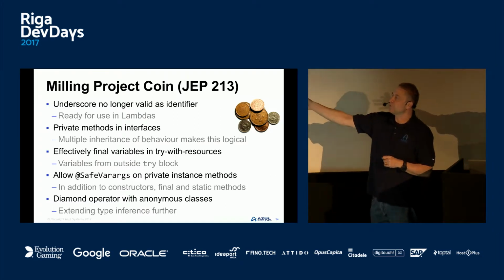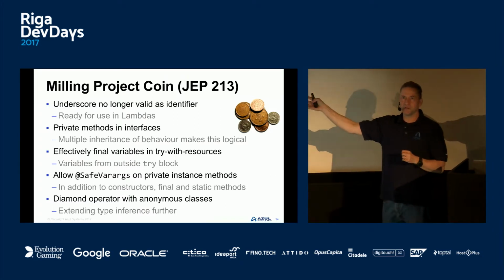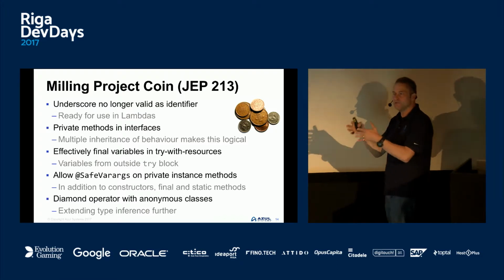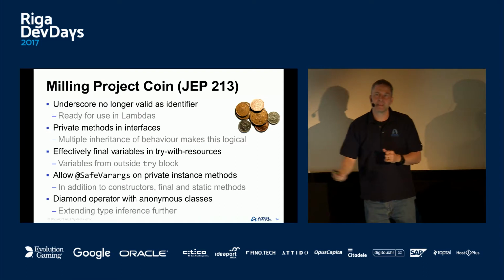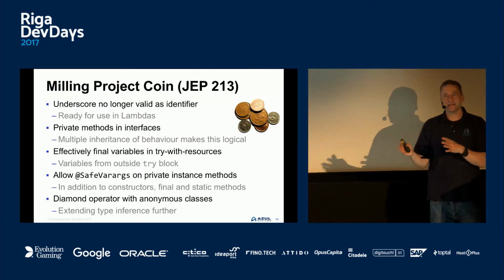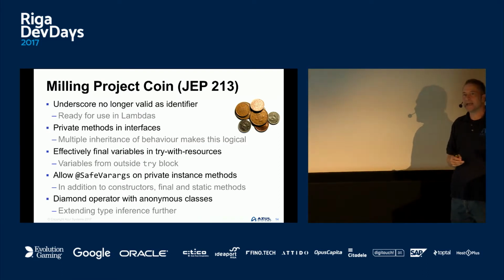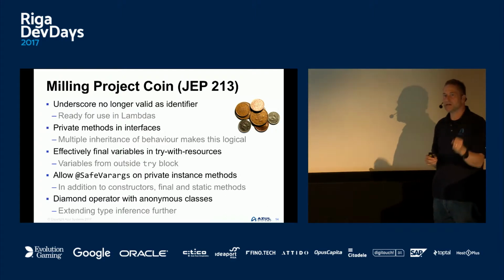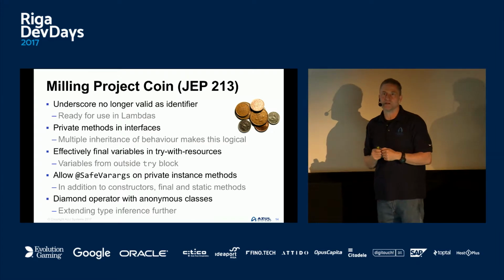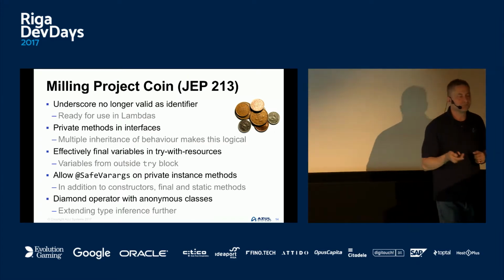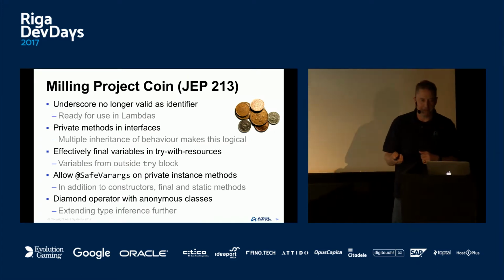So to avoid that problem, you couldn't use the diamond operator where you allowed the compiler to infer the type for you with anonymous classes. In JDK 9, they've relaxed that a bit. So long as the compiler can resolve it to a type which can be understood by the JVM, then you can use the diamond operator with an anonymous class. So again, fairly small change in that respect.